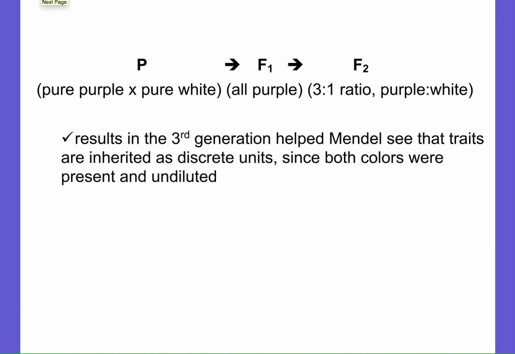So in his experiment, he had 3 generations. There was the parental generation, there was the first filial or F1 generation, and then there was that F2 generation. And his results that he saw in each generation were pretty key. In that first parental generation, you had purebred purple and you had purebred white.